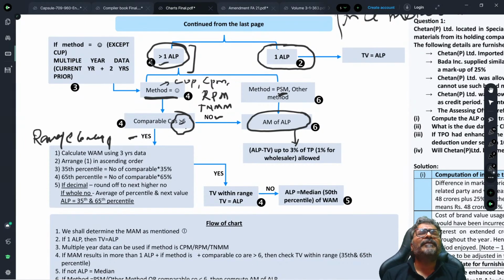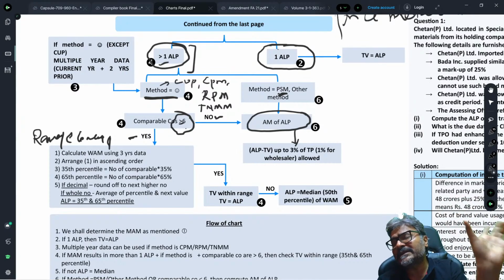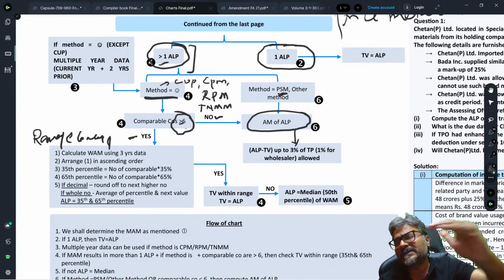Students, when you have got 6 or more than 6 comparable data, then the range concept would be applicable. Then what are the steps that will be applied in the range concept? The steps are: number 1, whatever data has been given to you, which is 6 or more than 6, please arrange the data in ascending order.